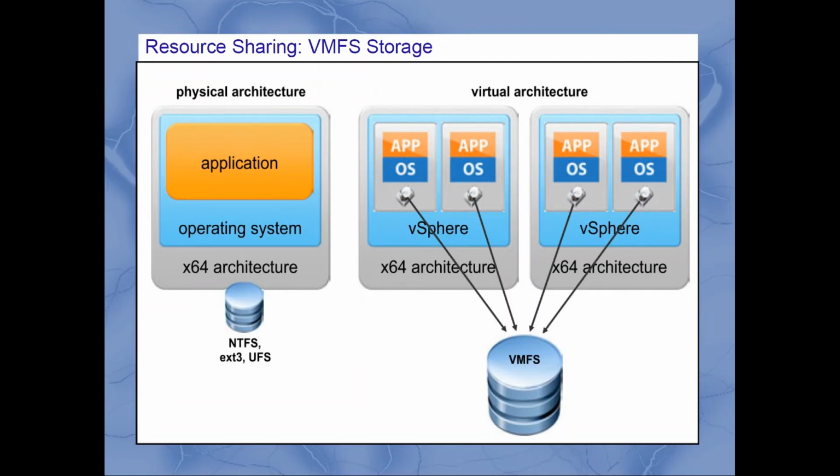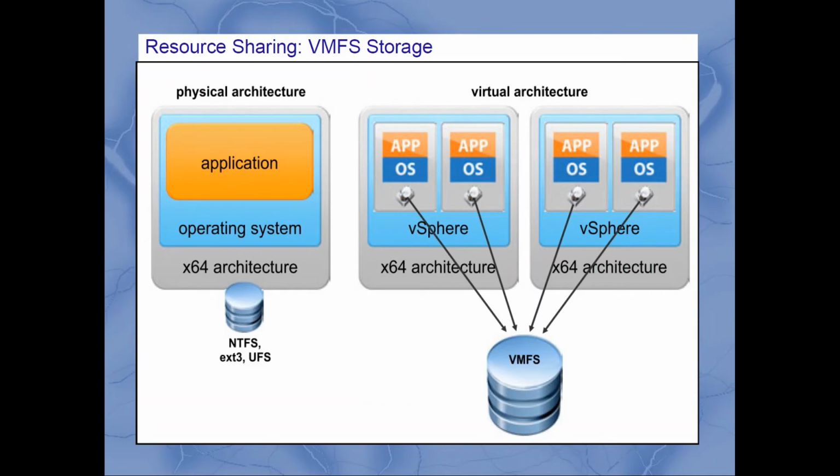When we talk about VMFS storage, in the picture on the right hand side, we see a storage called VMFS. So a raw LUN is presented to an ESXi cluster or a standalone ESXi host. That LUN could be 500 gig in size, 5 terabytes in size.